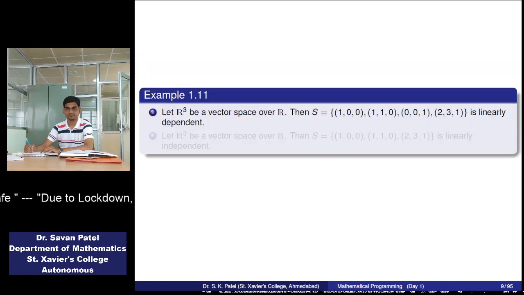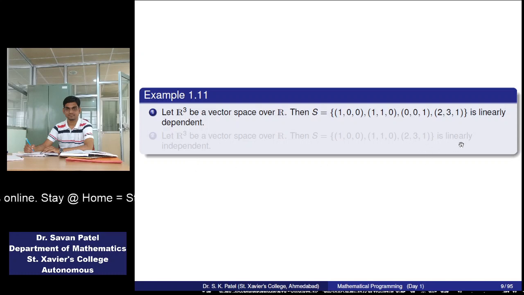Let's see the example. R3 is a vector space over R. We already have seen. Then S, the collection of these 4 elements (1,0,0), (1,1,0), (0,0,1) and (2,3,1), is linearly dependent. Why?